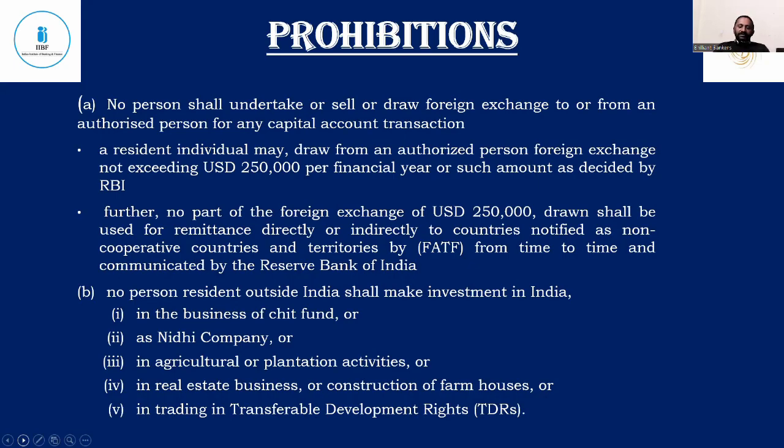RBI in their notifications regularly updates the names of these countries. For example, you can transfer any amount to Bangladesh or Pakistan without the permission of the Reserve Bank of India.